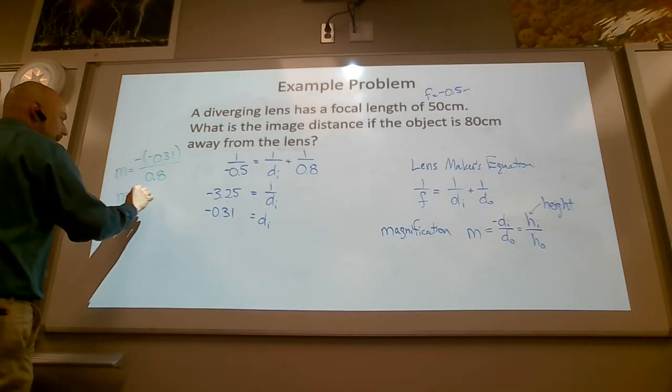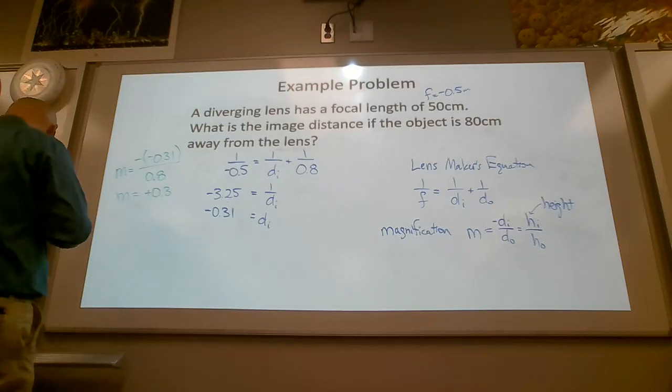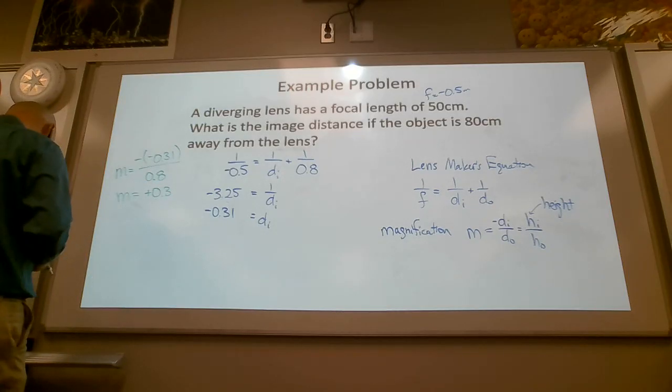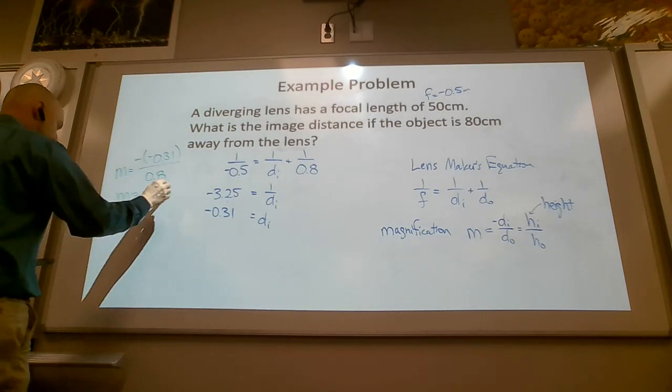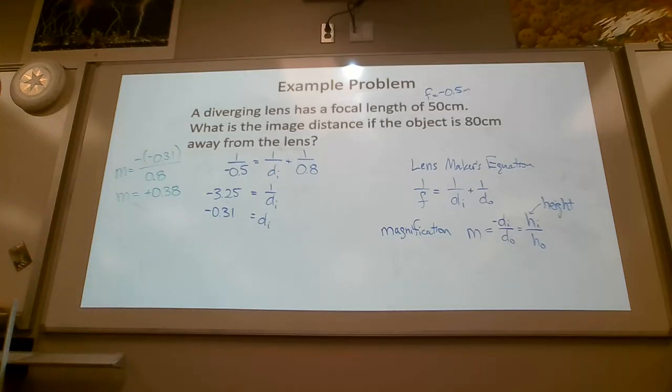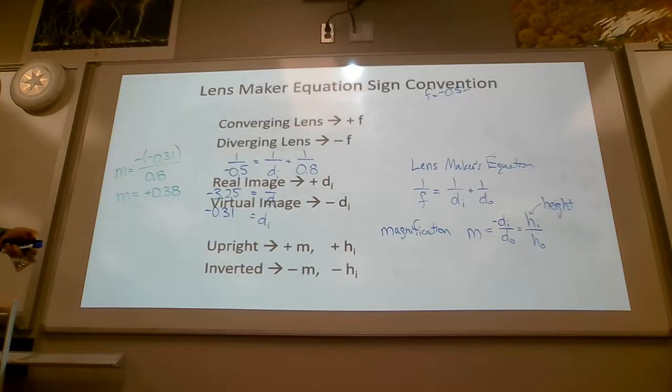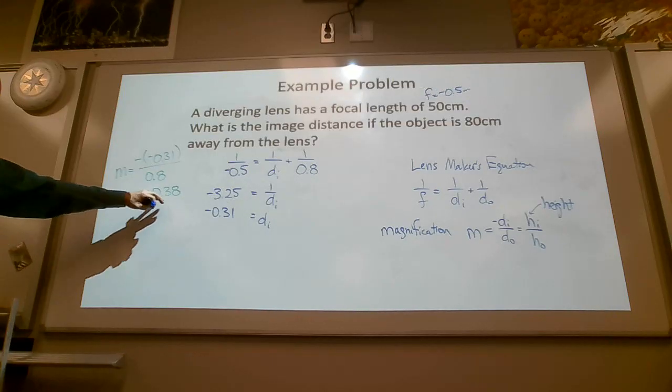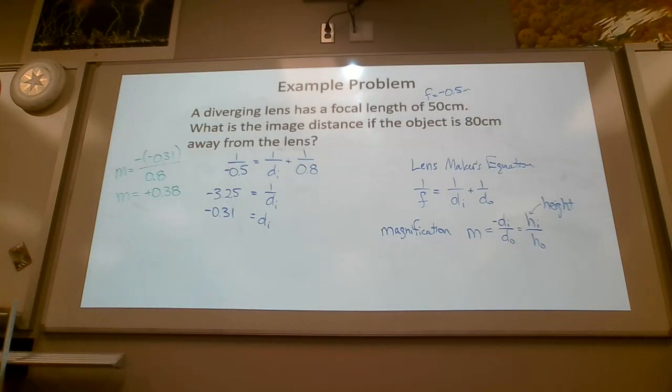Magnification is a positive 0.38. So what that means is it's upright, and the fact that this is less than 1 means it's shrunken. Like if you have a magnification of 2, that means it's enlarged by twice. Height is 2 times. Does that make sense?